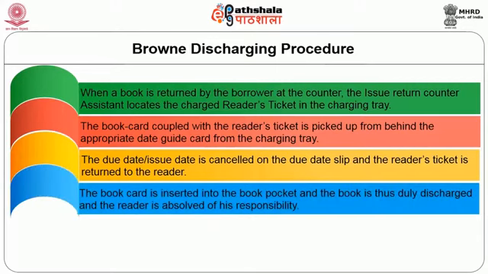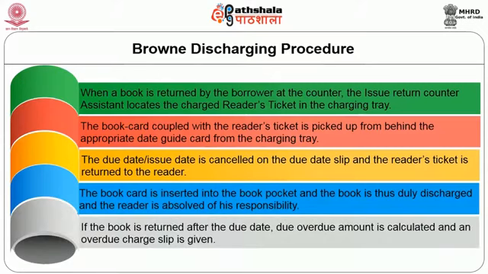The book card is inserted into the book pocket and the book is thus duly discharged and the reader is absolved of his responsibility. If the book is returned after the due date, the overdue amount is calculated and an overdue charge slip is given.